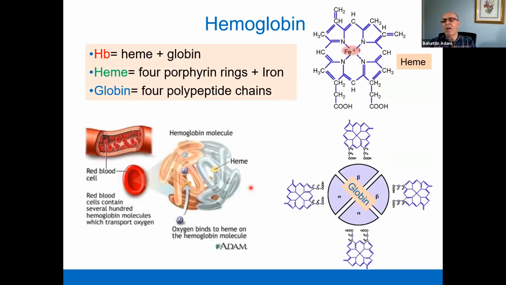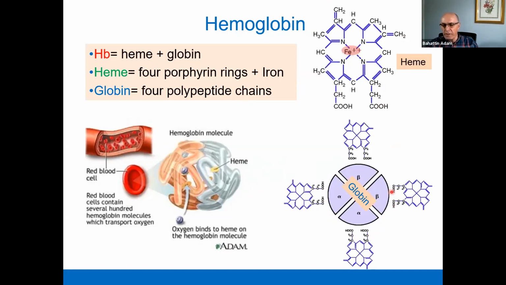Now, let's introduce the structure of the hemoglobin, the main content of the erythrocyte. As you see in these two diagrams, two different pictures, hemoglobin consists of two structures, heme and globin.